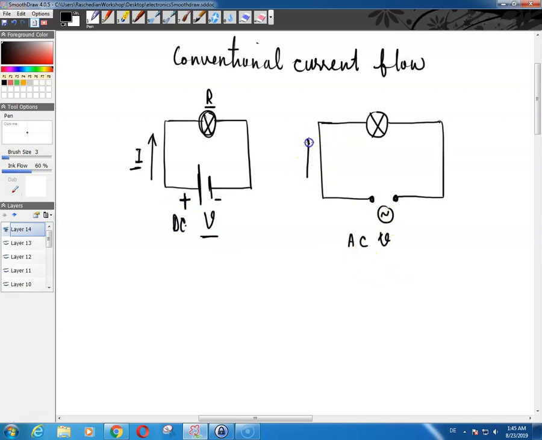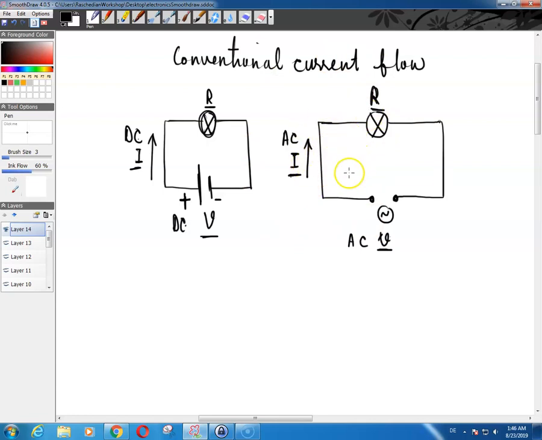You have basically AC current going through the circuit. This is DC current. The current over here is DC. The current over here is AC. But anyway, the current is there, and the resistance is of course there as well. So these three things, the resistance, the current, and the voltage, are always there.